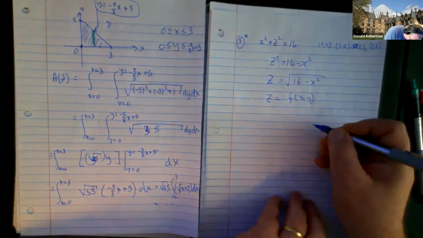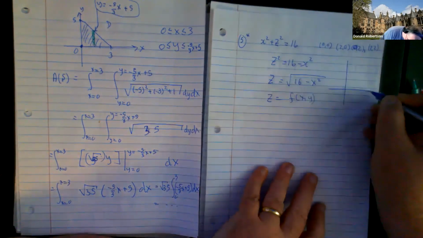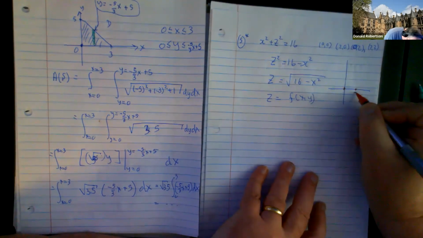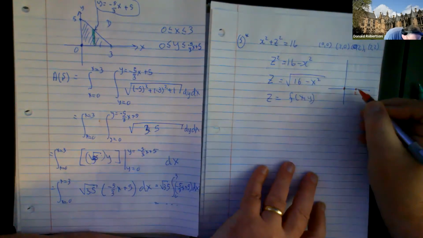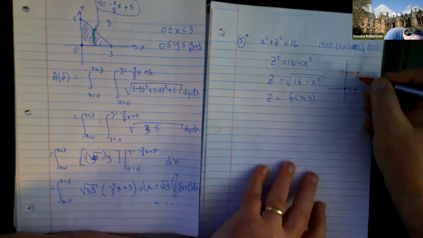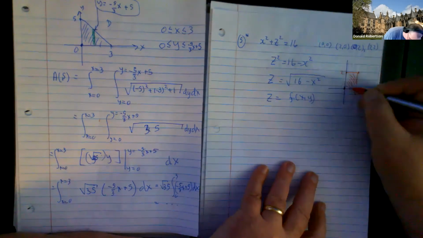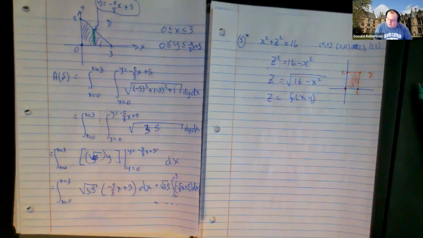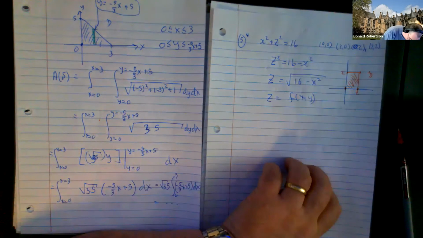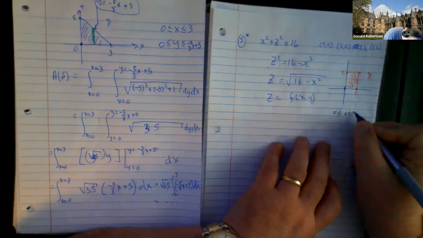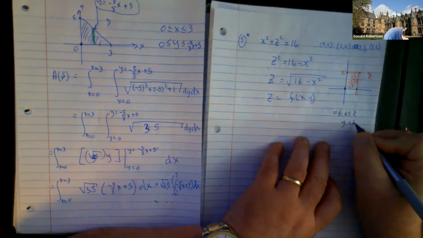Now, if I draw a little picture, let's find out what kind of shape this is. 0, 0, 2, 0, 0, 2, and 2, 2. Okay. Oh, that is such a simple shape, I'm amazed. It's just a square. So I'm not too worried about the limits of integration.